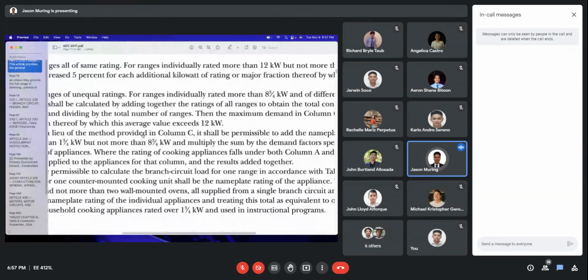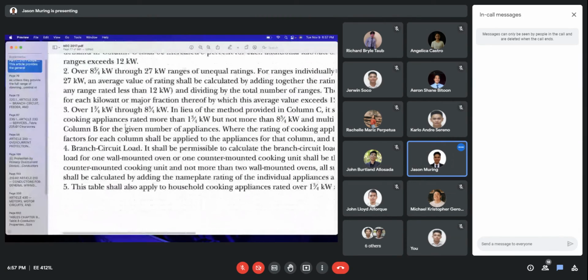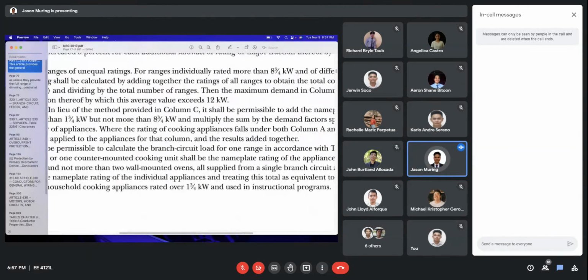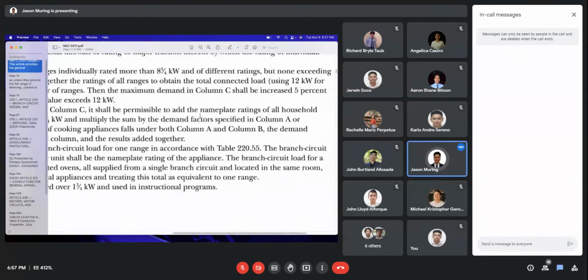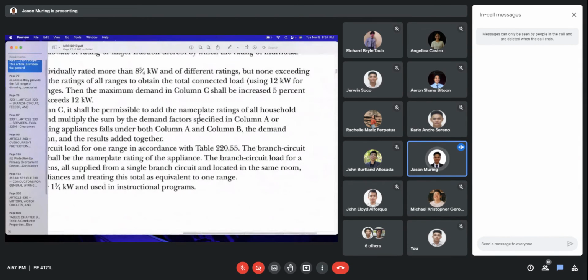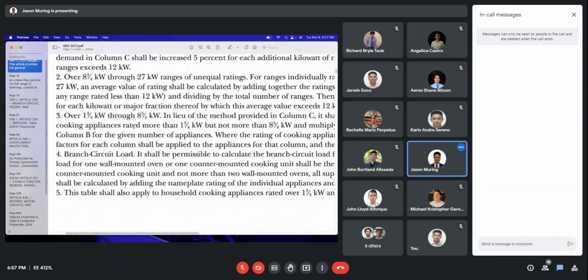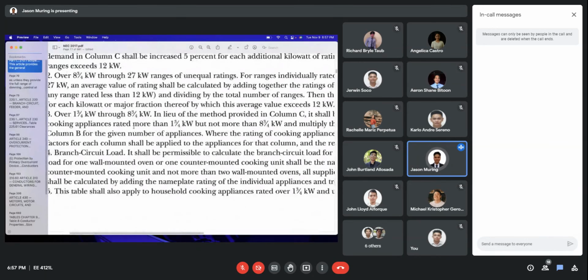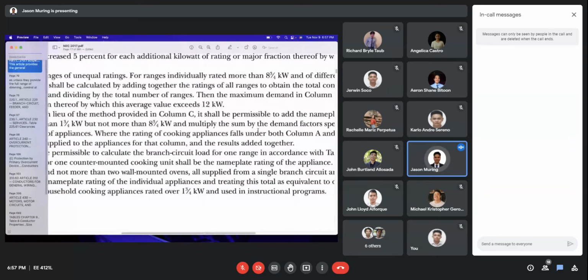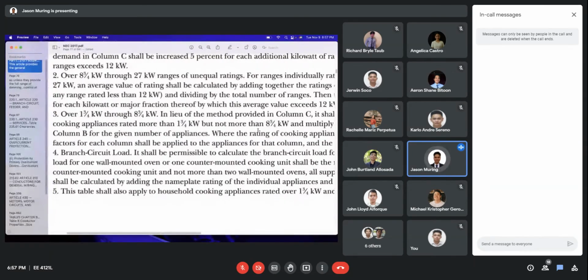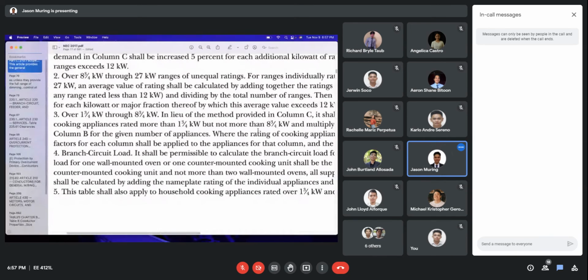Then, how about for note 3? Okay, so over 1 and 3/4 through 8 and 3/4. In lieu of the method provided in column C, it shall be permissible to add the nameplate ratings of all household cooking appliances rated more than 1 and 3/4 but not more than 8 and 3/4, and multiply the sum by the demand factor specified in A or B for the given appliance.